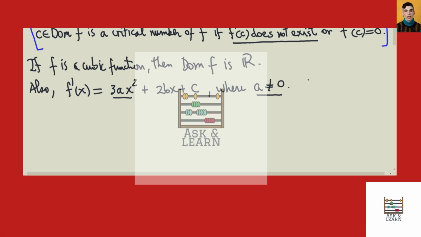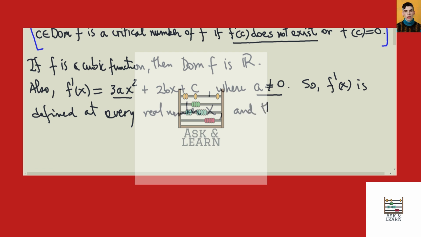So we can say that f derivative is defined at every real number x, and the conclusion of that is that the critical numbers of this cubic function are those real values x where the derivative is equal to 0.